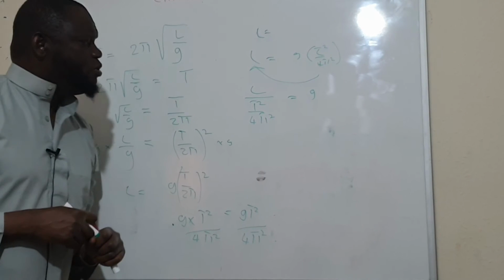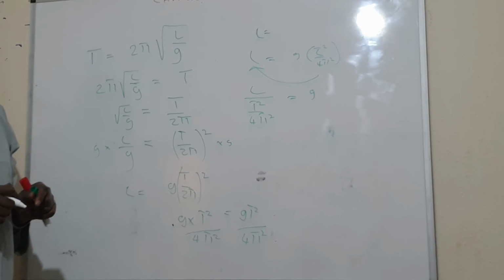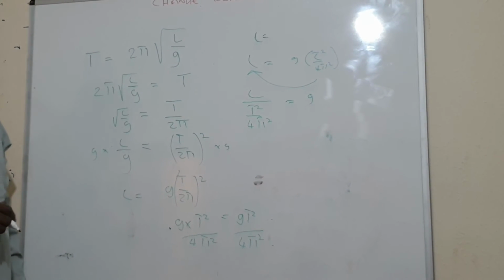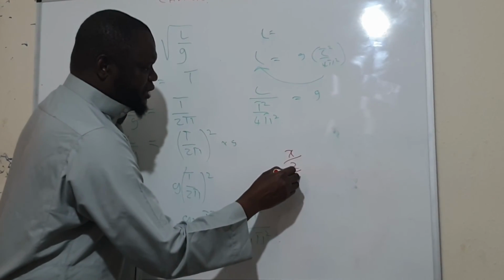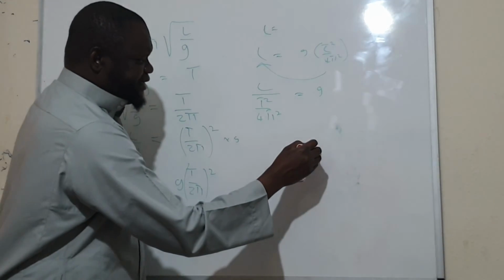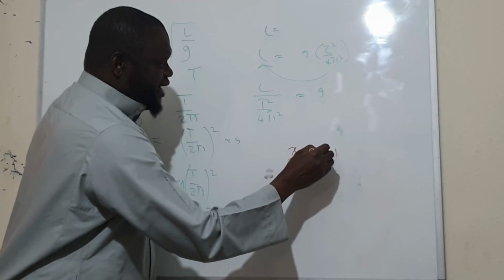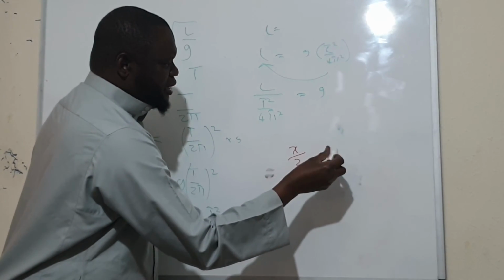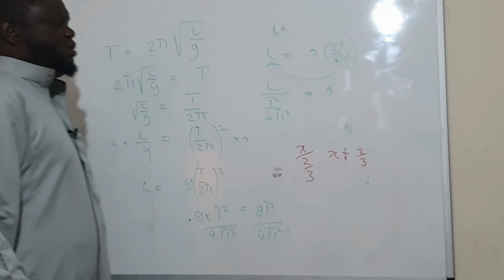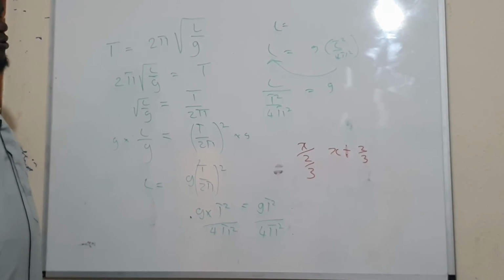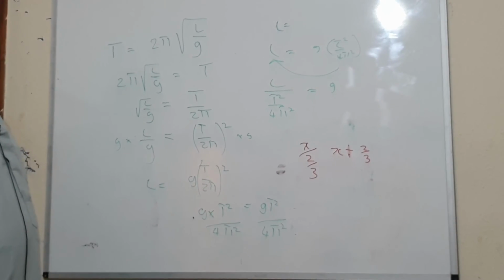When you divide something by a fraction, what do you do? If you have x over 2 over 3, this is the same thing as saying x divided by 2 over 3. So what do you do? Reciprocal. You find the reciprocal.